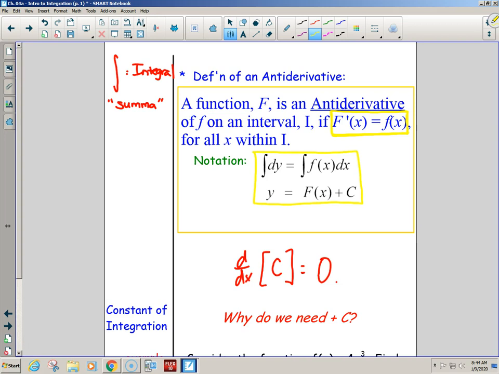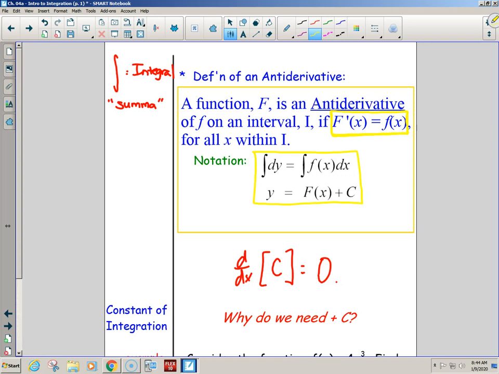So the integral of f of x dx, the integral of anything, it could be a capital R for rate, it could be an A for, I don't know, how fast apples are falling from a tree, it could be who knows what. But when you have a function inside an integral, that answer is called the antiderivative, and the antiderivative is defined to be the function whose derivative is inside the integral.